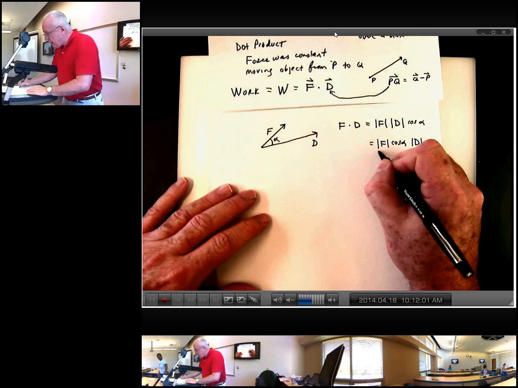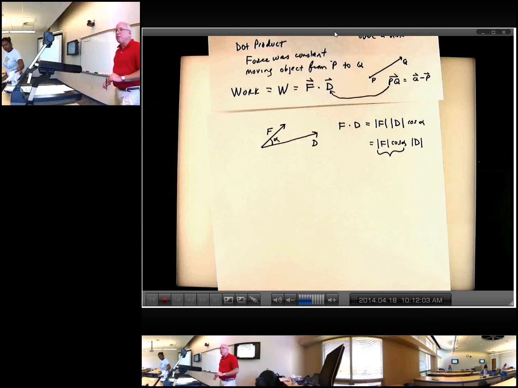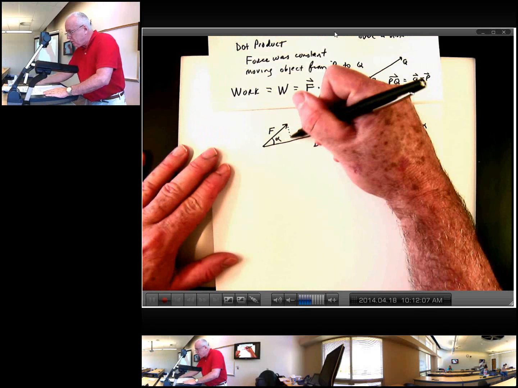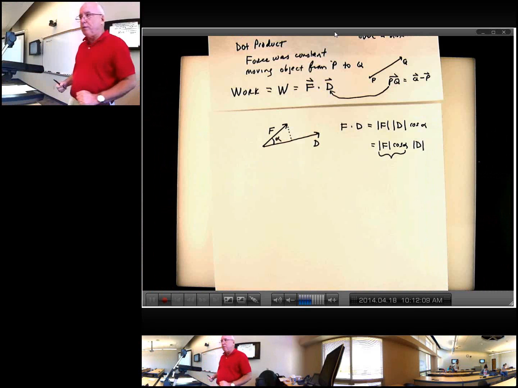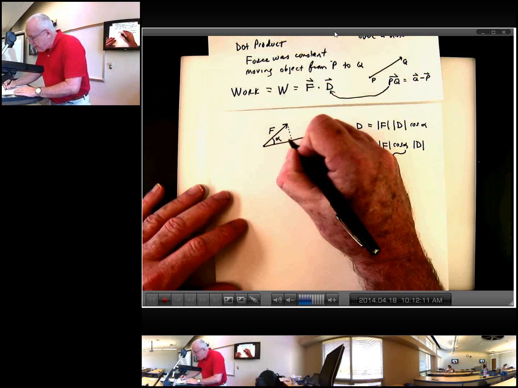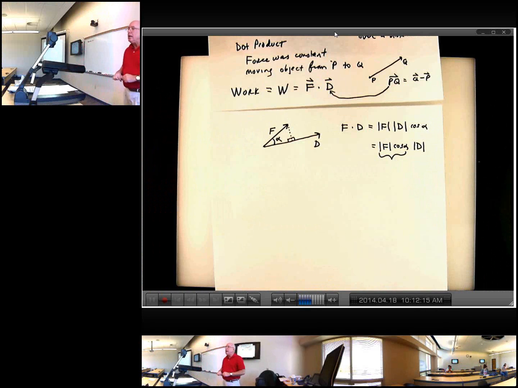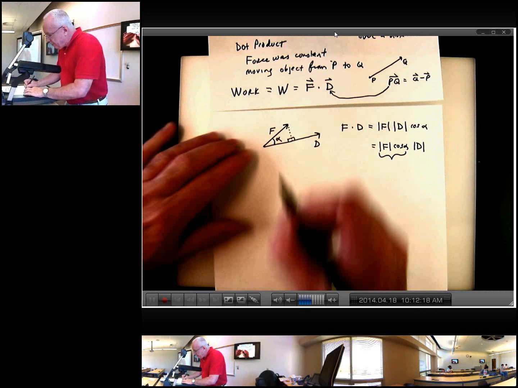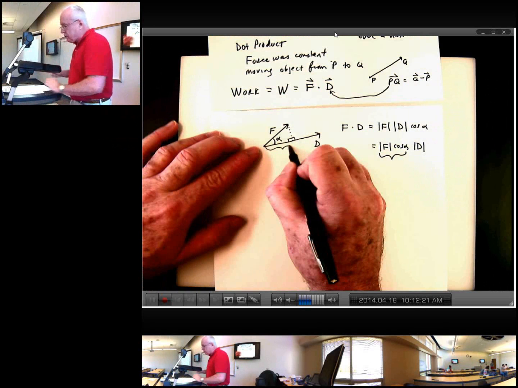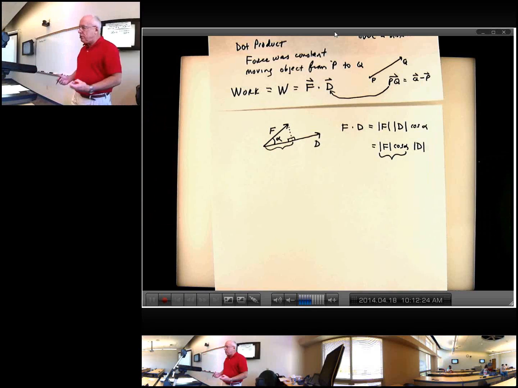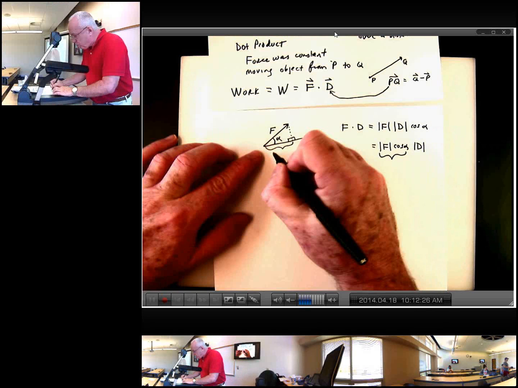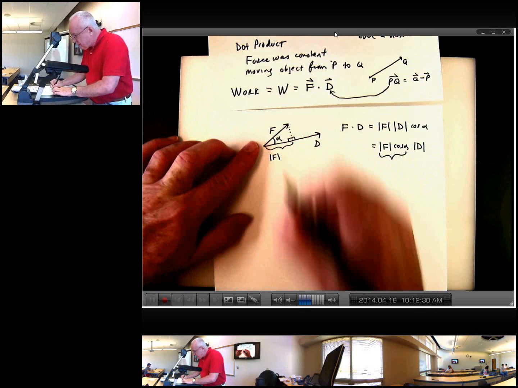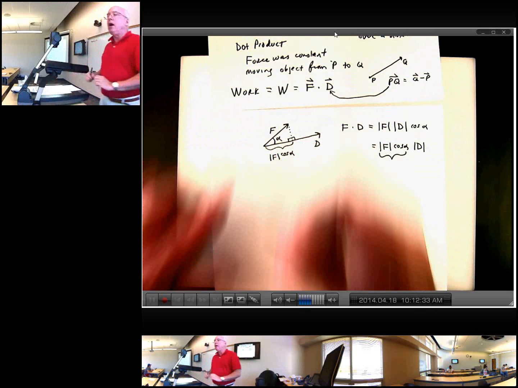If we drop a perpendicular line down from the tip of the force vector, making a 90-degree angle with the distance that we're moving, this portion of the force is what is being counted, which is the magnitude of the hypotenuse times the cosine of the angle.